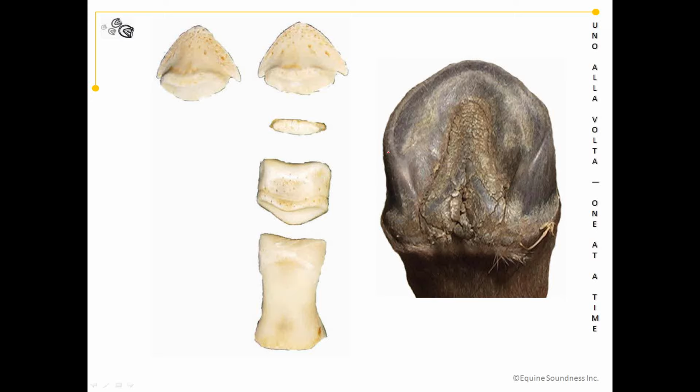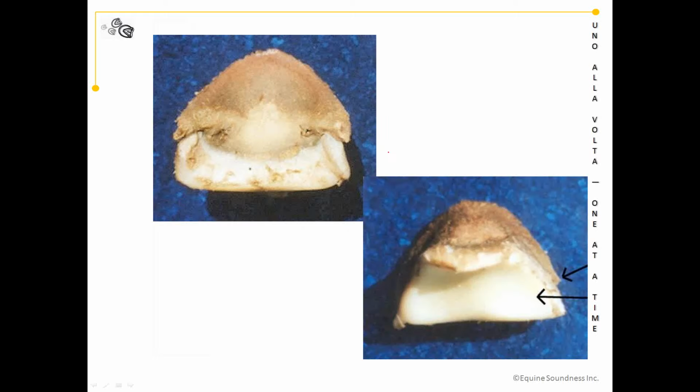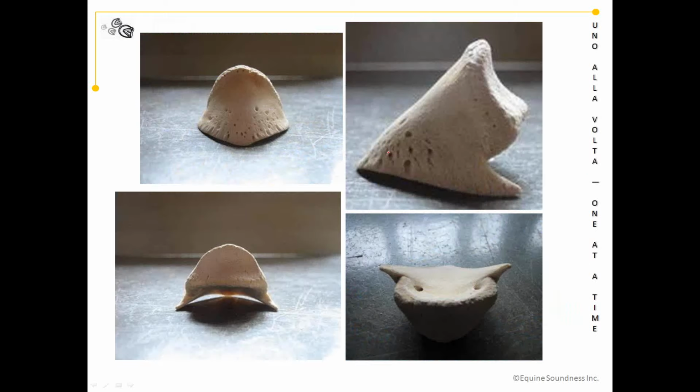I don't know where it comes from or what to do with it, and it usually goes along with a very atrophied frog. Sometimes I trim it and see what it does for the next time, and then it reappears. Should I leave that or trim it away?